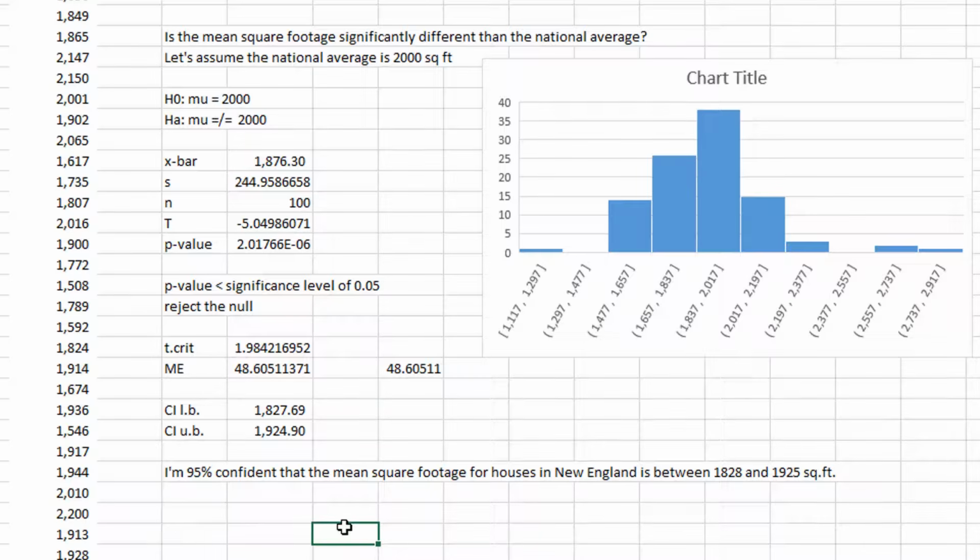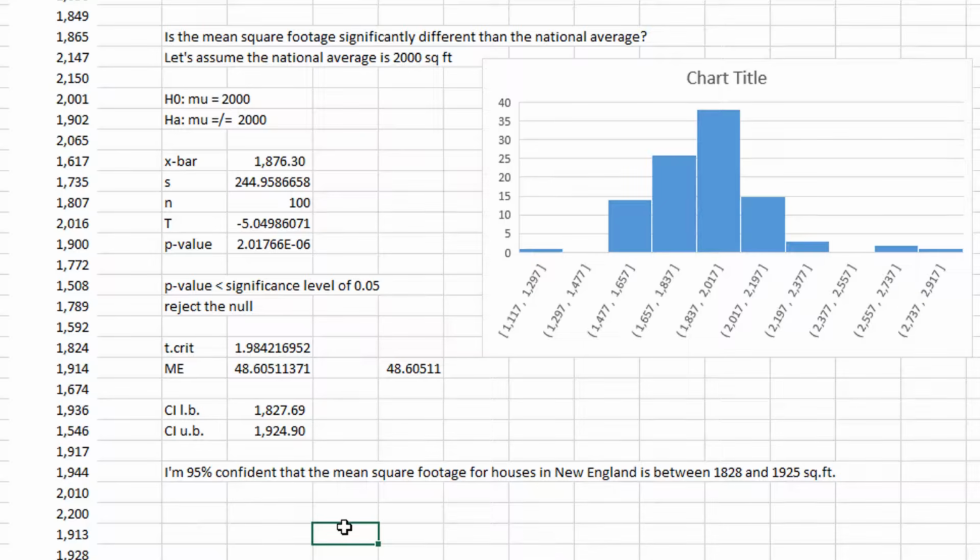And then you could say something about whether the null hypothesis mean, 2,000 square feet, lies in that confidence interval. If that's far outside of the bounds of that confidence interval, then that tells you that it's not plausible based on the data that you have.